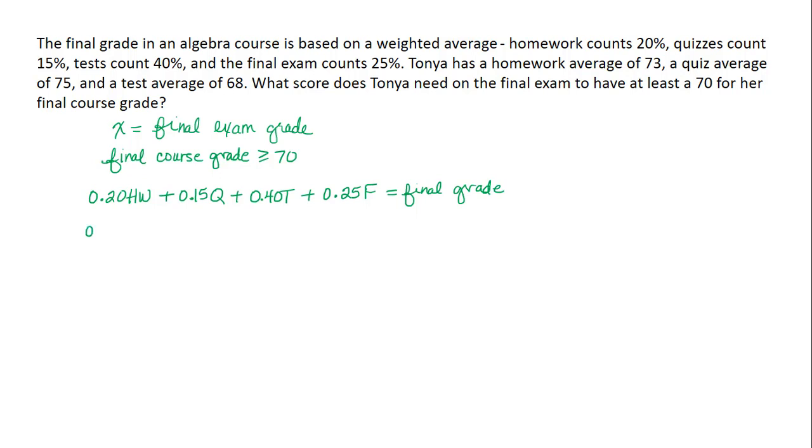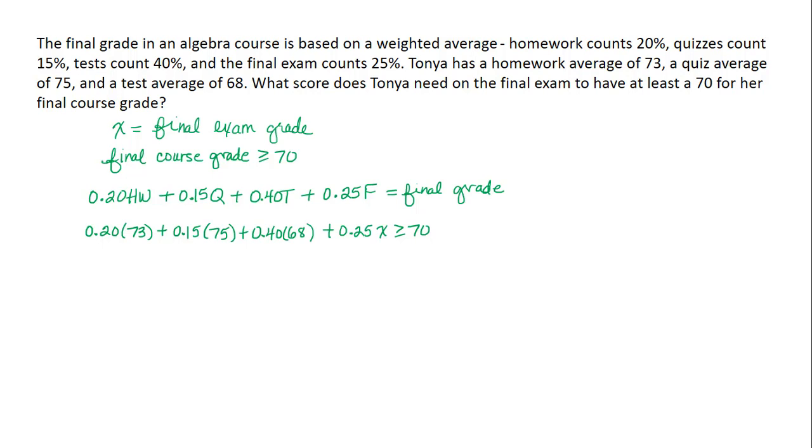We get 0.20 times 73 plus 0.15 times 75 plus 0.40 times 68 plus 0.25 times x is greater than or equal to 70.